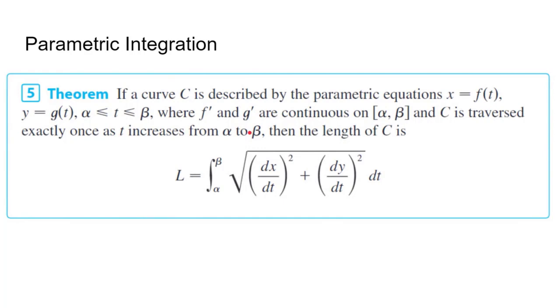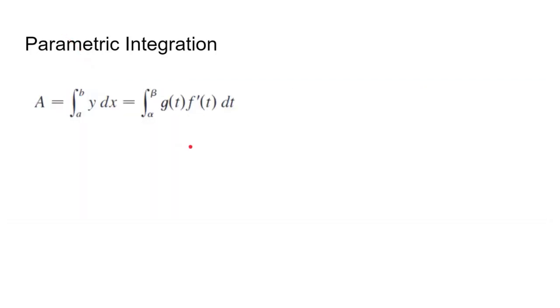Parametric integration, so we had area on the previous slide. The functions, that's a very good question. Yeah, I didn't ever declare that. So the function is x equals f of t, and y equals g of t.